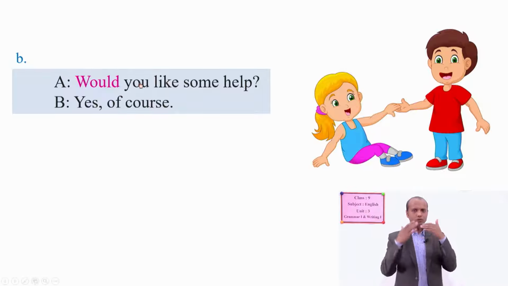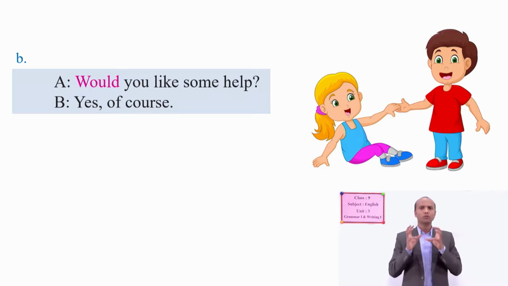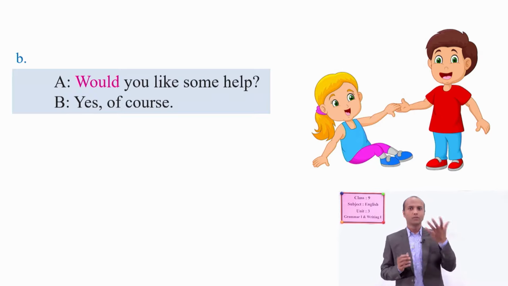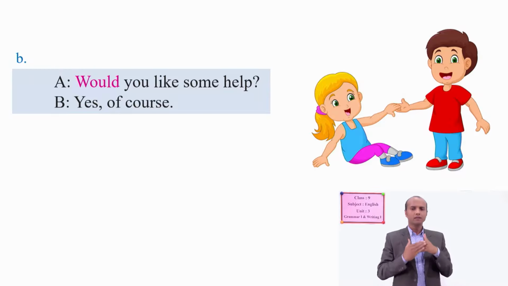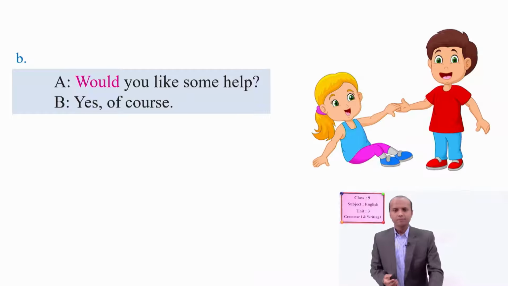When you request somebody, you want to have something yourself. But if somebody offers you something, other people might want you to have something. For example, do you like hot water? If I say this to you, this is an offer. If you ask me, sir, would you please bring me a cup of tea or something like that, that is a request. Got it?